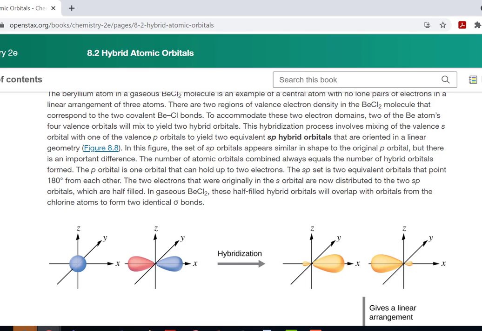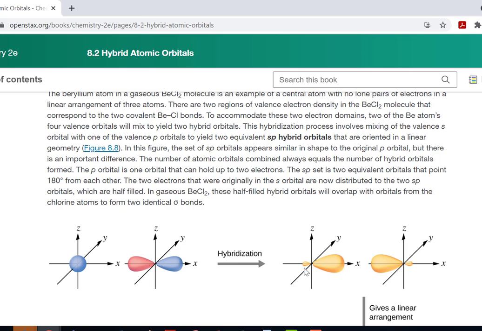So here we're showing the hybridization. We have an s orbital and we have a p orbital. When we combine them, we get these two hybrid orbitals. What you'll notice about them, and this is true for most hybrid orbitals, is that they're not symmetric the way that the atomic orbitals were symmetric.